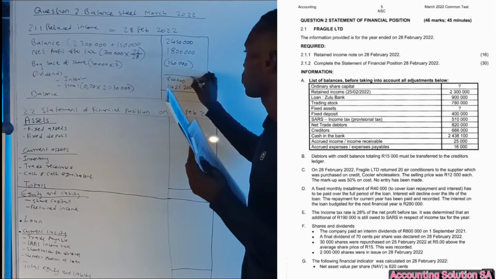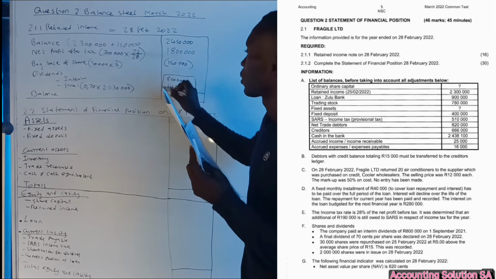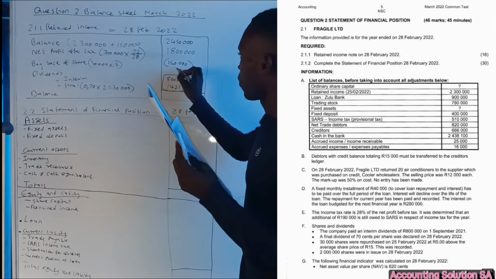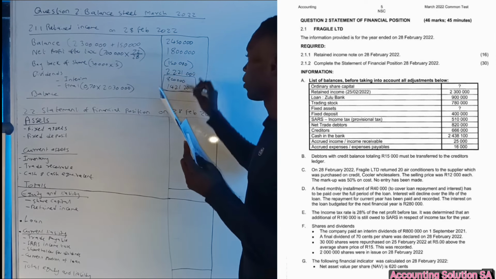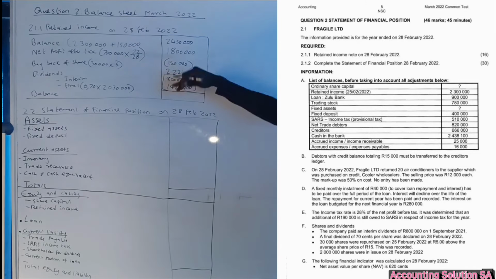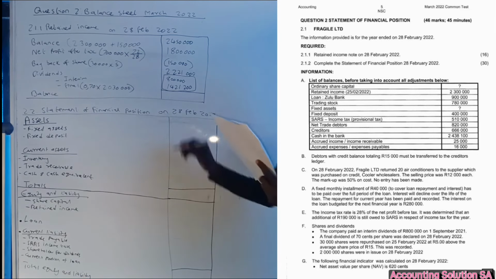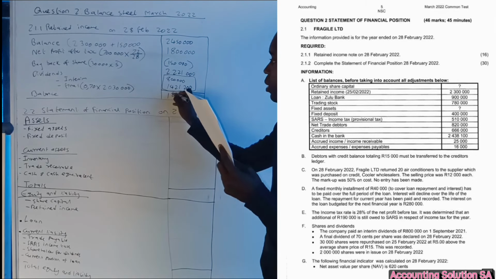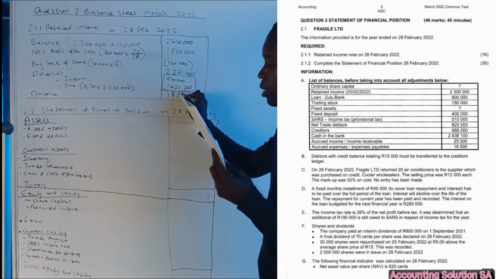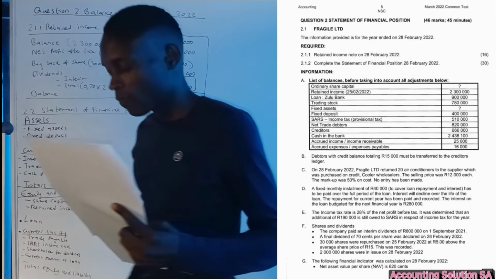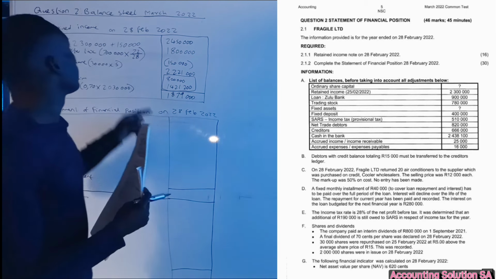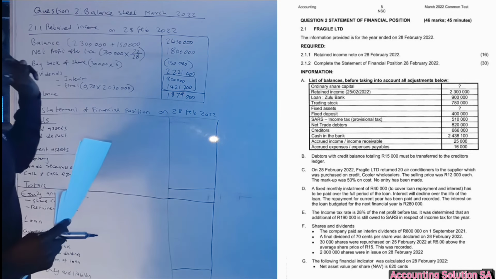So if you add this together, they are going to give you a dividend of 2,221,000. Simple. And if you do this calculation, you add these two and you subtract these two, it's going to give you the balance of 1,879,000. Very simple. So this is how you should complete your retained income.